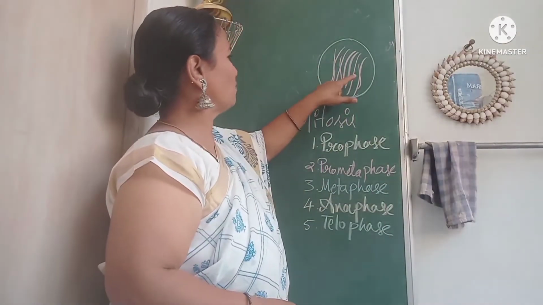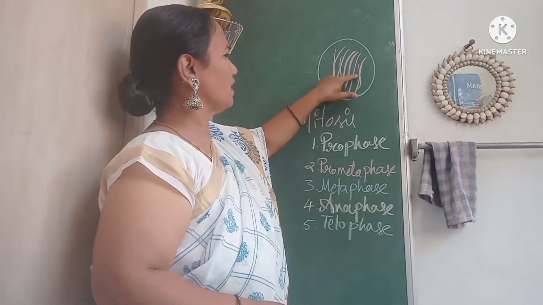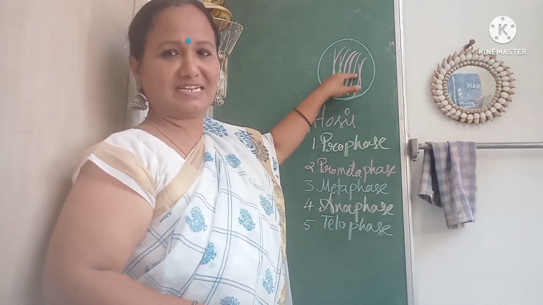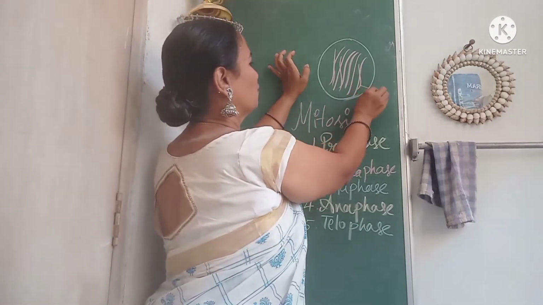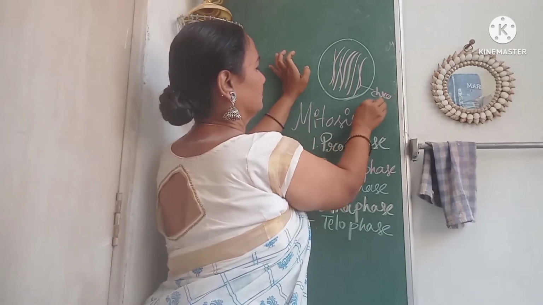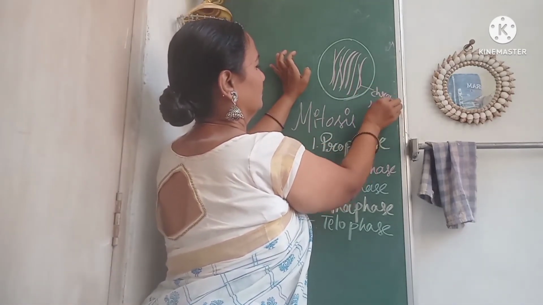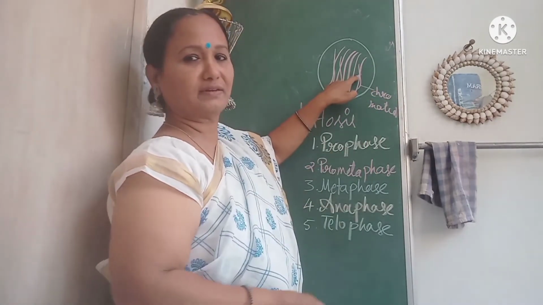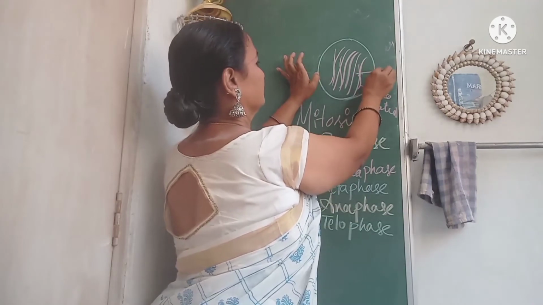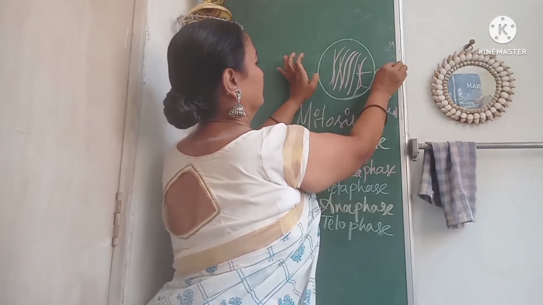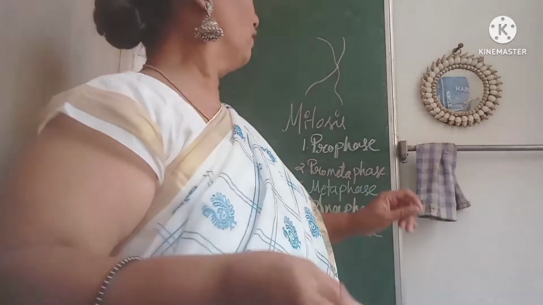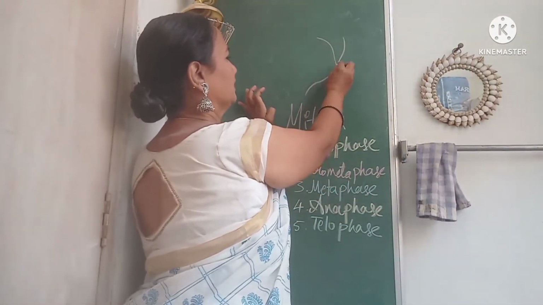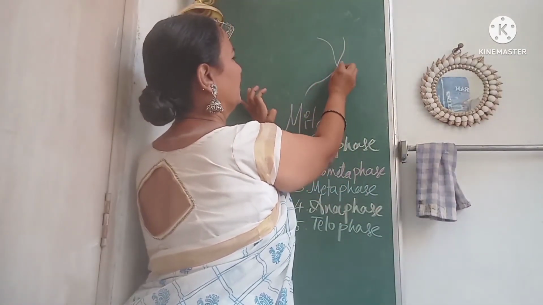Each prophase chromosome is composed of 2 filament-like structures known as chromatids, which are held together by a centromere. Where they are held together is called the centromere.